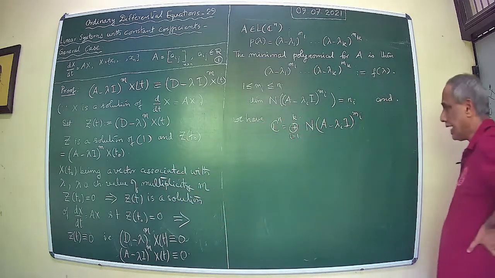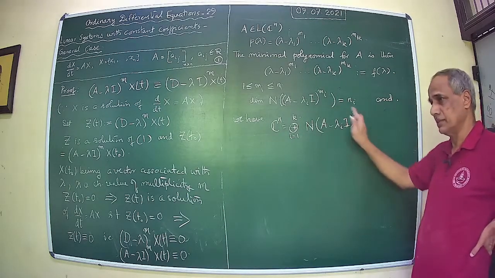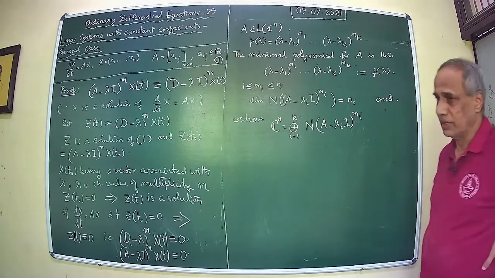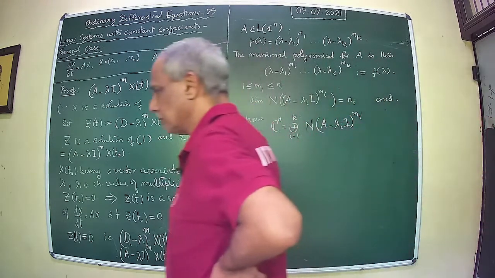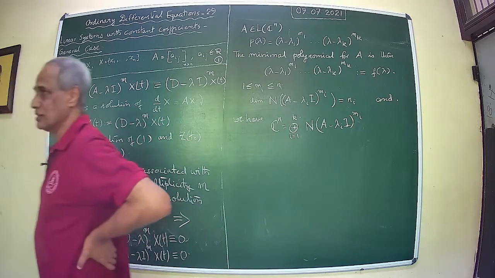But we may not have, so if mi is equal to 1, then you see these are all eigenspaces, or what you call characteristic vectors. But otherwise this may not happen. I mean, that's the problem. Had they been just eigenspaces.